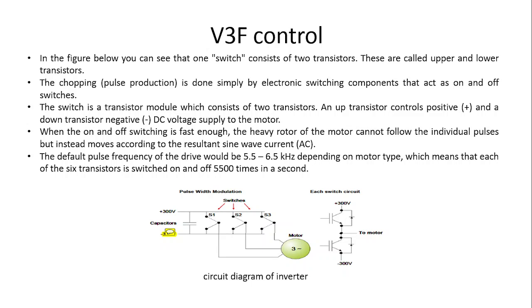Generally the transistors are switched at a speed of 5000 to 6000 times per second. Such heavy switching takes place to control the speed of the motor. That is a typical speed, 5.5 kilohertz to 6.5 kilohertz.